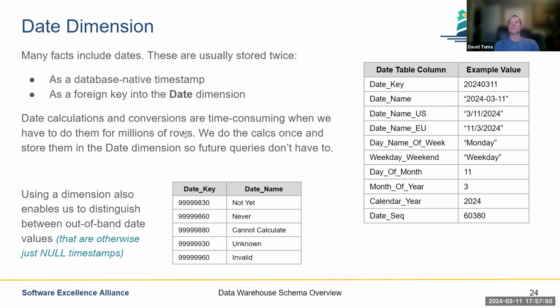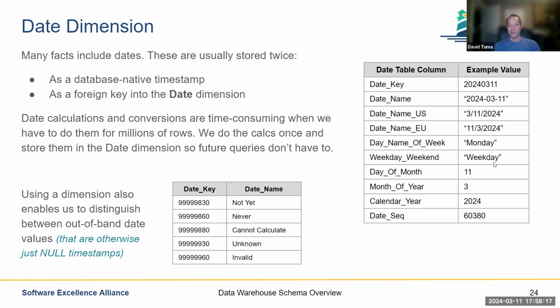As a result, when people do a query, they don't have to do the calculations over and over again millions of times. So here's an example row in the date dimension. It would have a key that would be an 8-digit number like 2024031. And then this is that date converted into different formats: US, EU format, month, day, first.